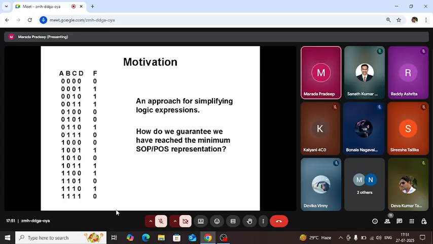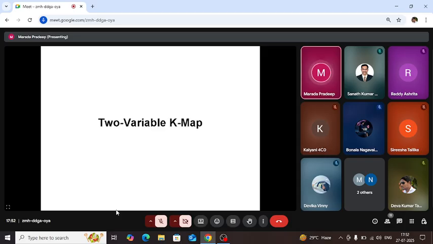Using K-maps we can easily solve this and easily get the expression.